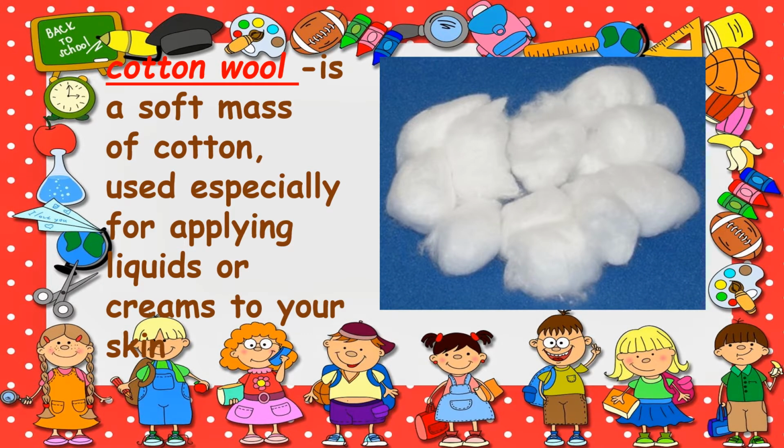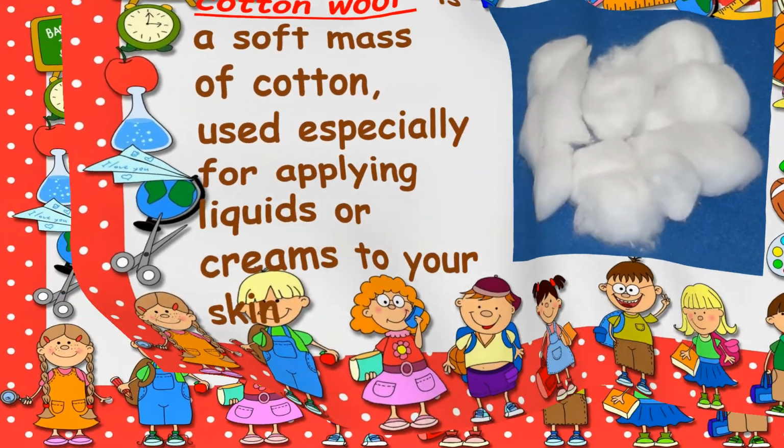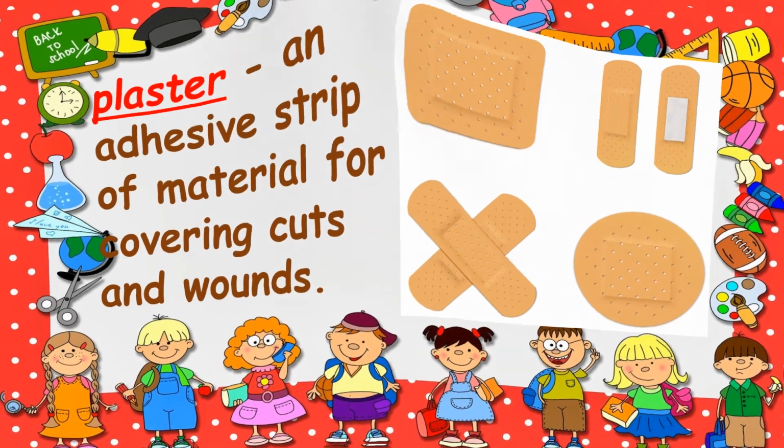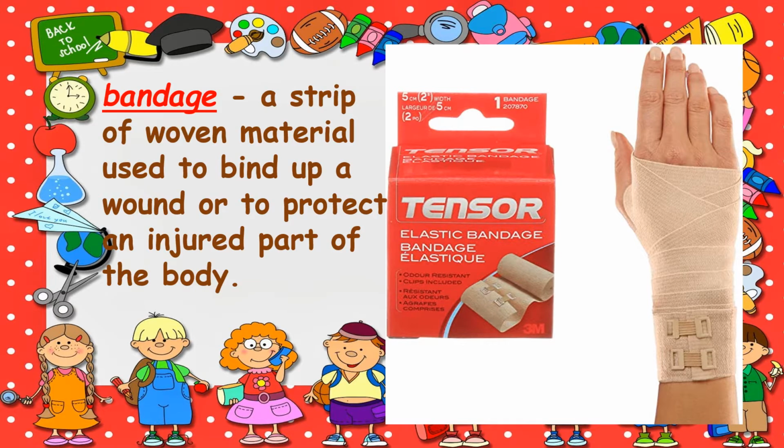Cotton wool is a soft mass of cotton used especially for applying liquids or creams to your skin. Plaster, an adhesive strip of material for covering cuts and wounds. Bandage, a strip of woven material used to bind up a wound or to protect an injured part of the body.